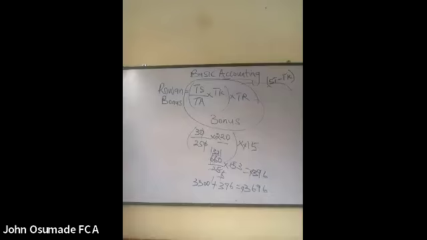In Nigeria, presently, the deduction has changed. It is now 10% of employees' gross pay for contributory pension. Then 2.5% contribution to the National Housing Fund.